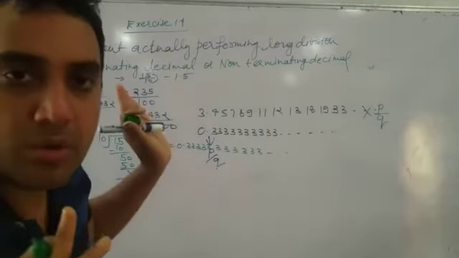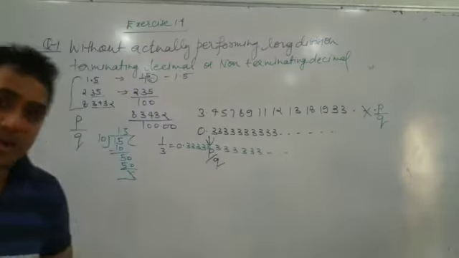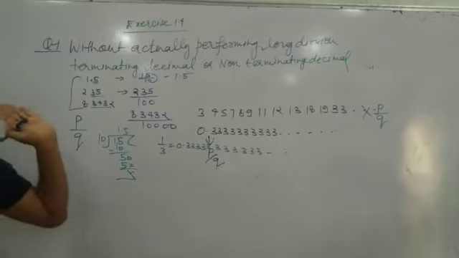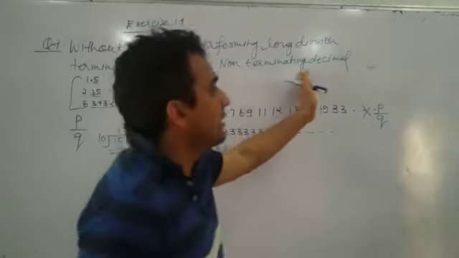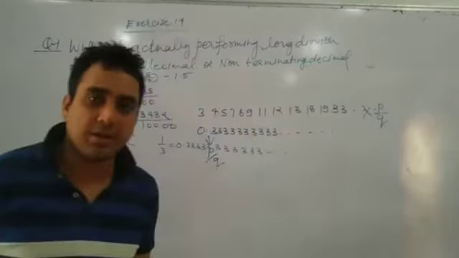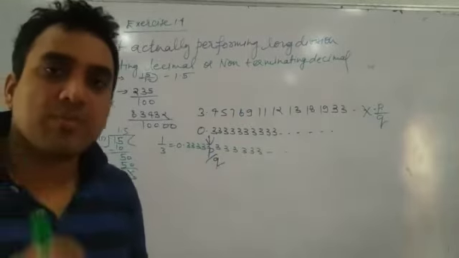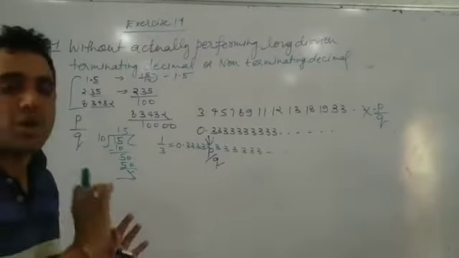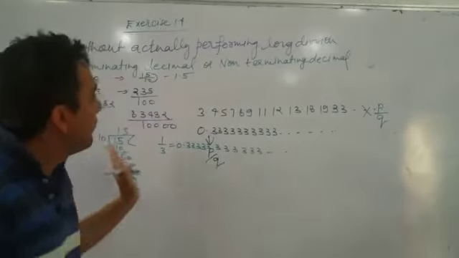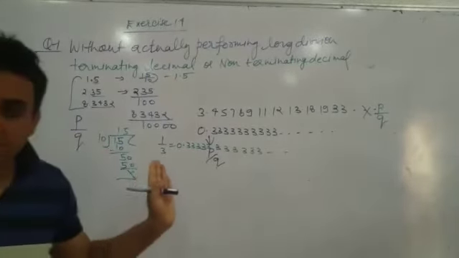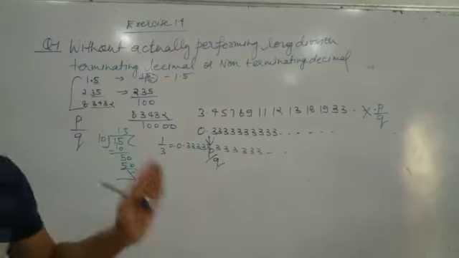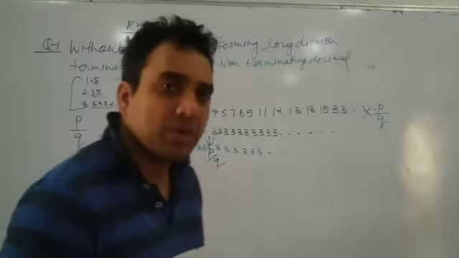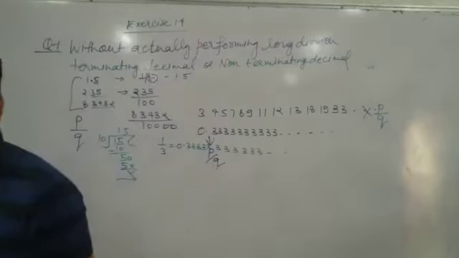Don't perform long division, and yet we have to tell whether they are terminating decimals or non-terminating decimals. So we have a very short method to tell this. What is that method? We are going to discuss it further.